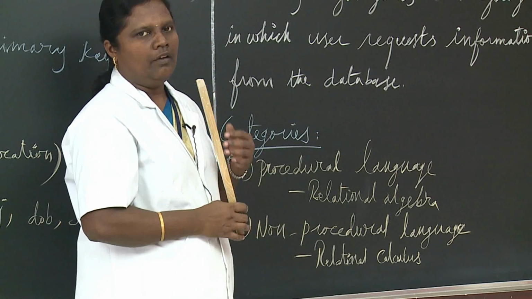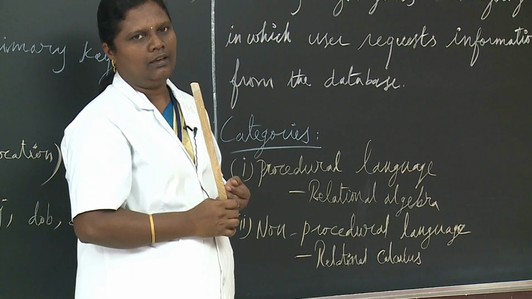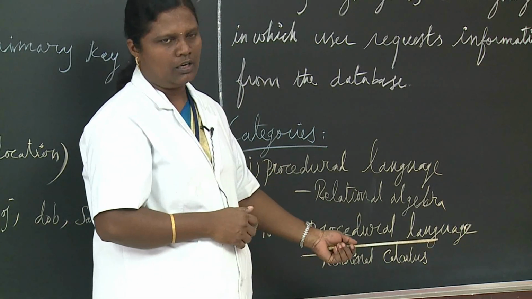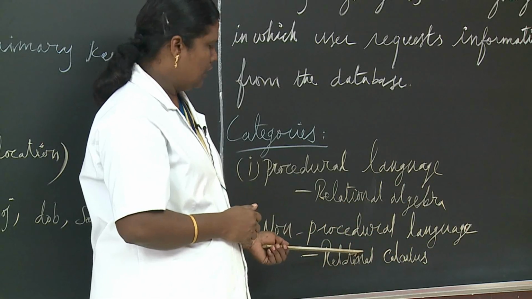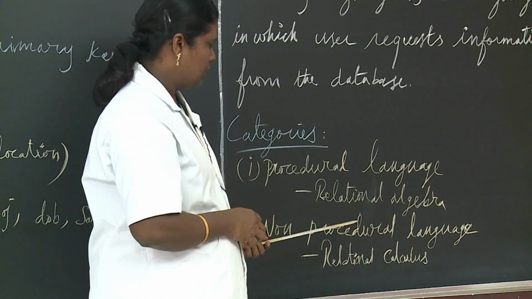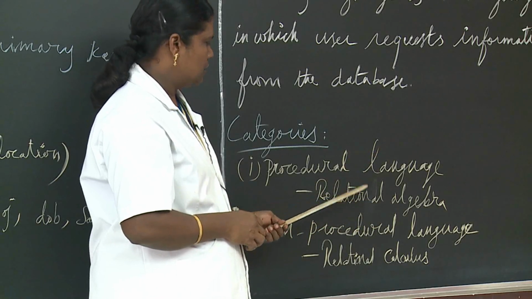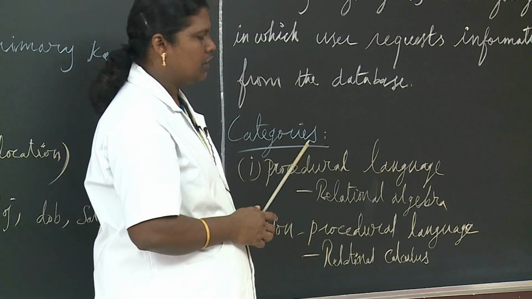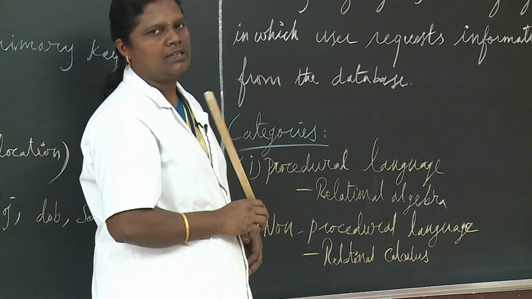In this case, we need not specify the method of how to extract the data from the database. That is considered relational calculus. It mostly represents symbolic data. Mostly we can't execute relational calculus, but relational algebra comes under procedural languages, which are mostly considered while designing the database for effective extraction of the data.